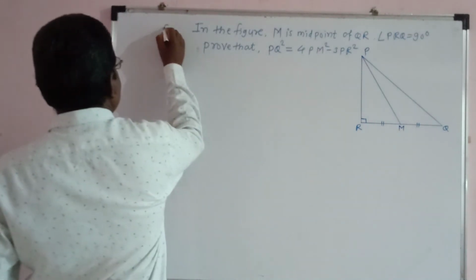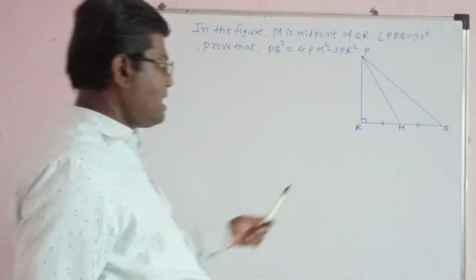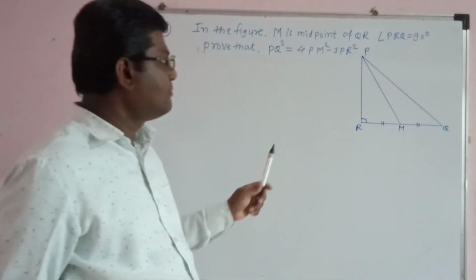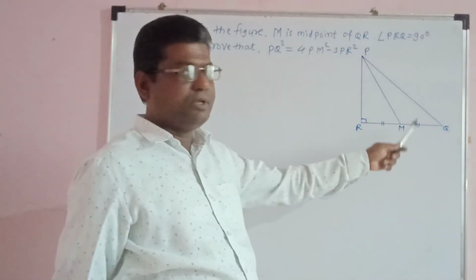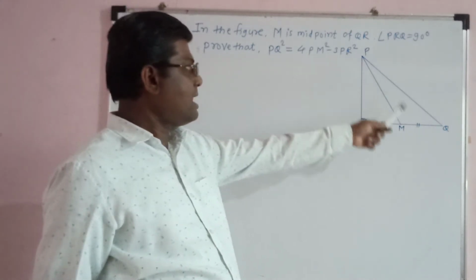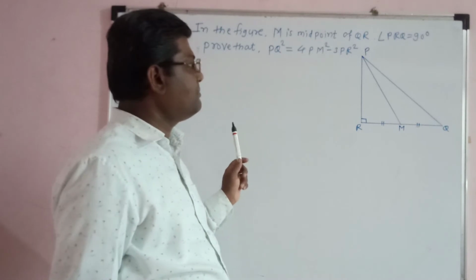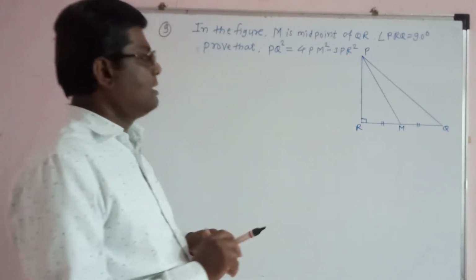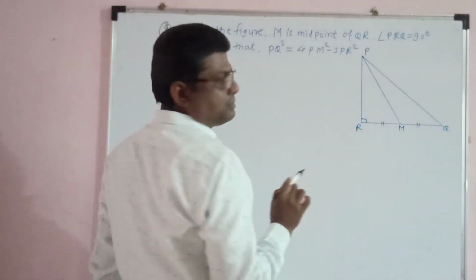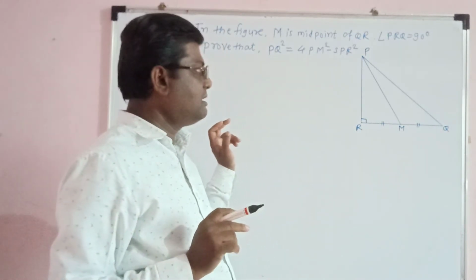Now example number 9. In the figure, M is a midpoint of QR. Angle PRQ is equal to 90 degrees. Prove that PQ square is equal to 4PM square minus 3PR square. Now consider triangle PRQ. In this triangle, angle PRQ is 90 degrees.